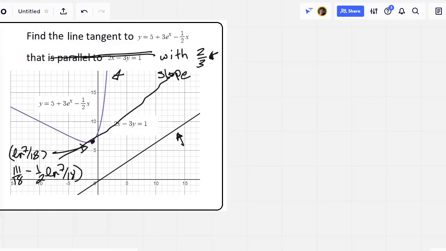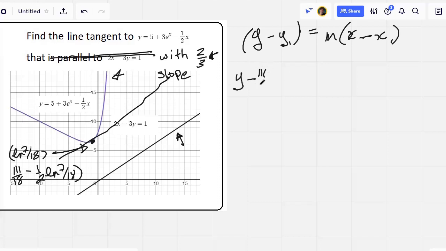Now there's the line. We'll use the point-slope form to convert all of the information that we've gathered into the equation for a line. Let's plug everything in. We have y minus this expression down here, which is 111 over 18, then minus is a positive, so plus 1/2 of log 7 over 18.